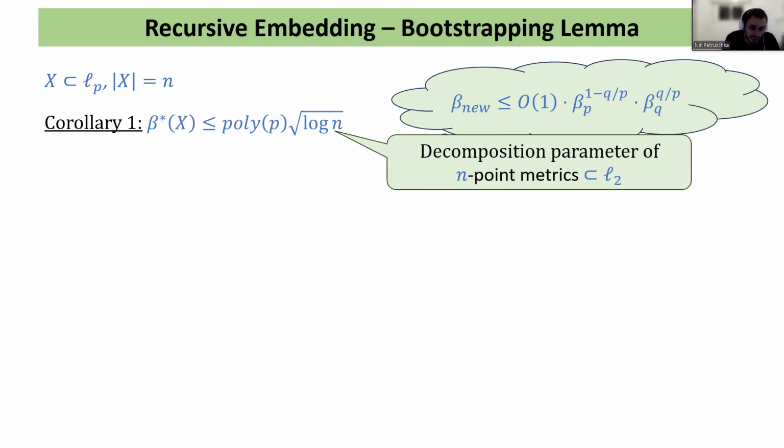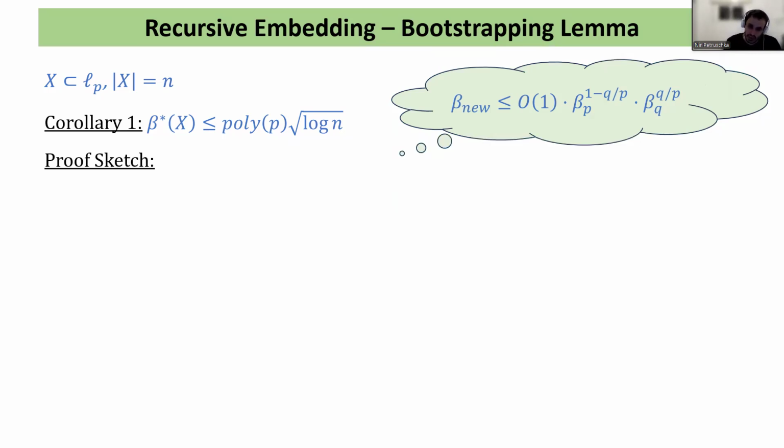Well, this is simply the decomposition parameter of n-point metrics in L2. So this is a reduction that reduces problems in LP to L2. The idea is to just apply the lemma recursively again and again, where every time we improve the decomposition over the previous decomposition.